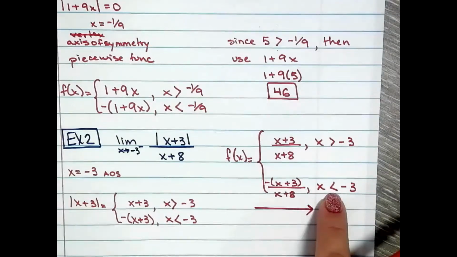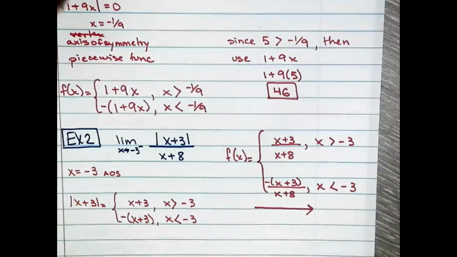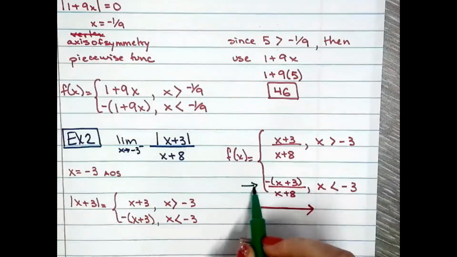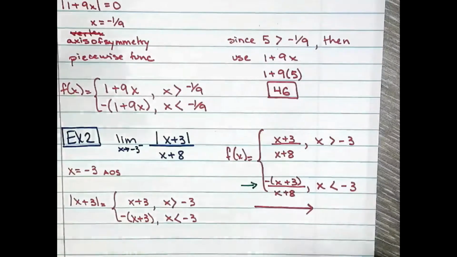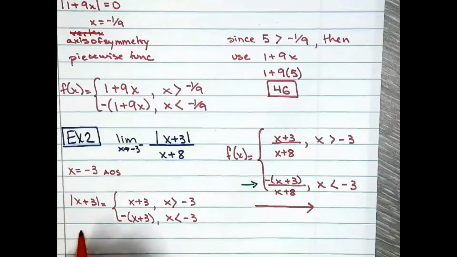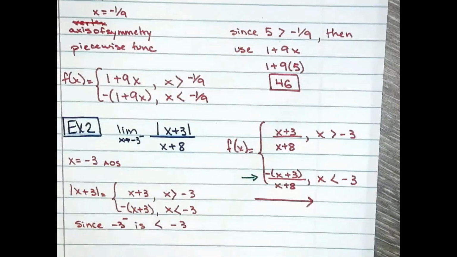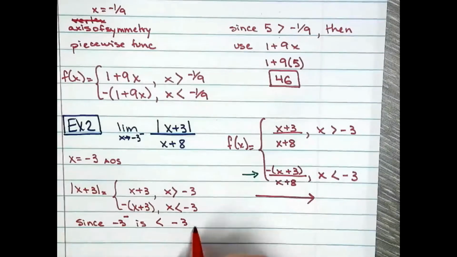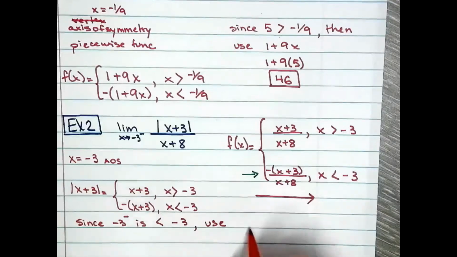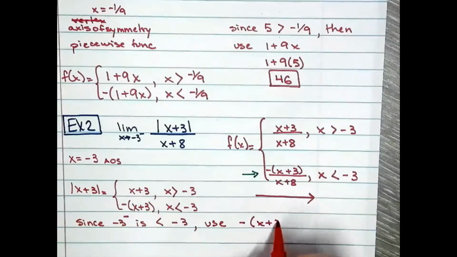So I will use this one because it's approaching from the left. So let's write it out. Since negative 3 approaching from the left is less than negative 3, I should write it all out, but you know what that means. Negative 3, then use negative x plus 3 over x plus 8.